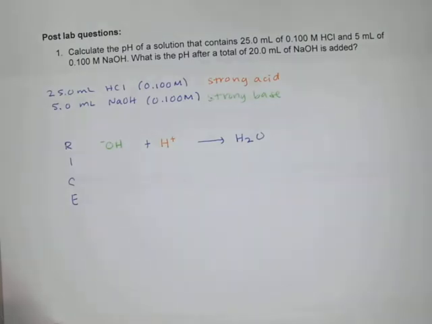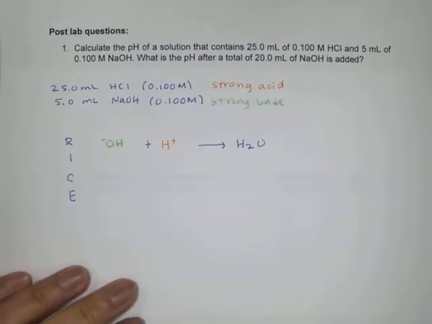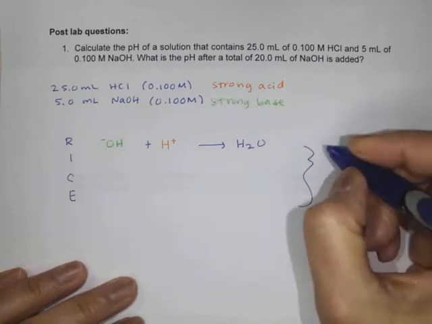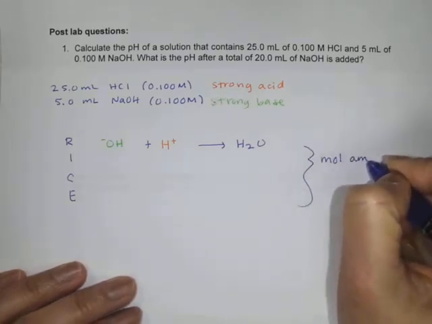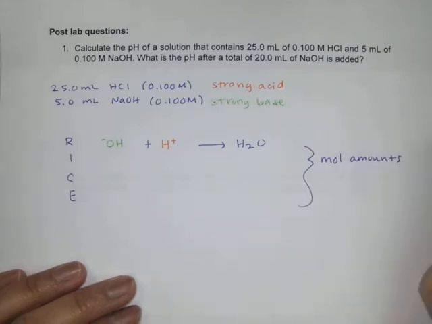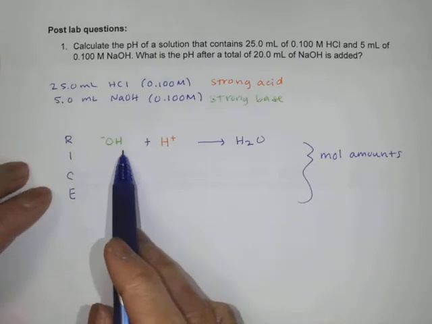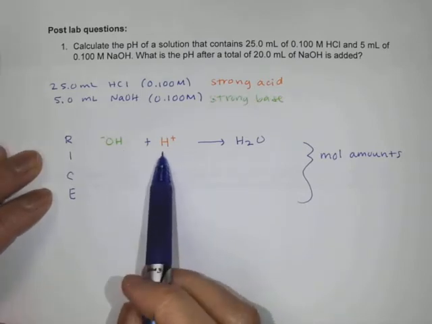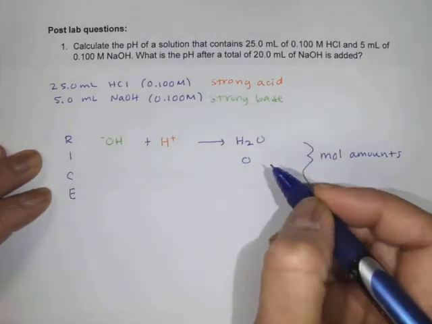Right, and then when you're filling in these tables, again, I'm not sure to what extent you've done this in class, these have to have mole amounts. So we need to determine the moles of base initially and the moles of acid initially, and then the moles of water will be 0. So I'm just going to put 0 here for that one.